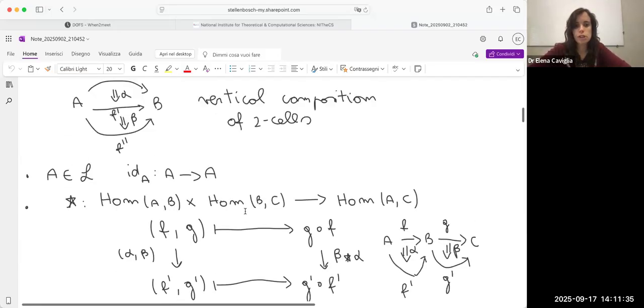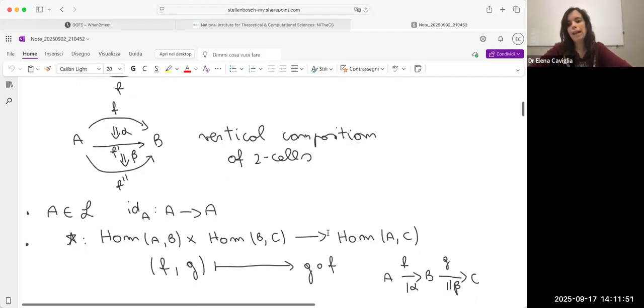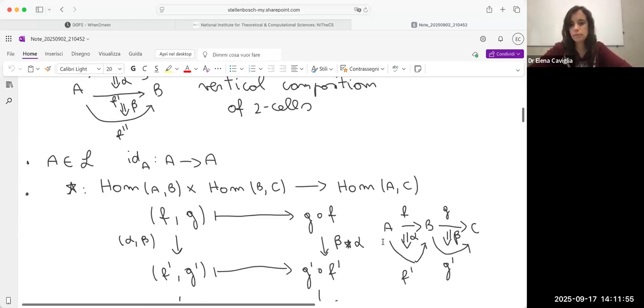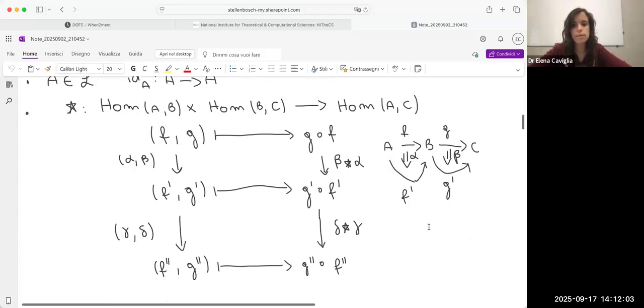The vertical composition will be between two cells between arrows with the same source and target, while horizontal composition is between two cells that share this medium object, B in this case.